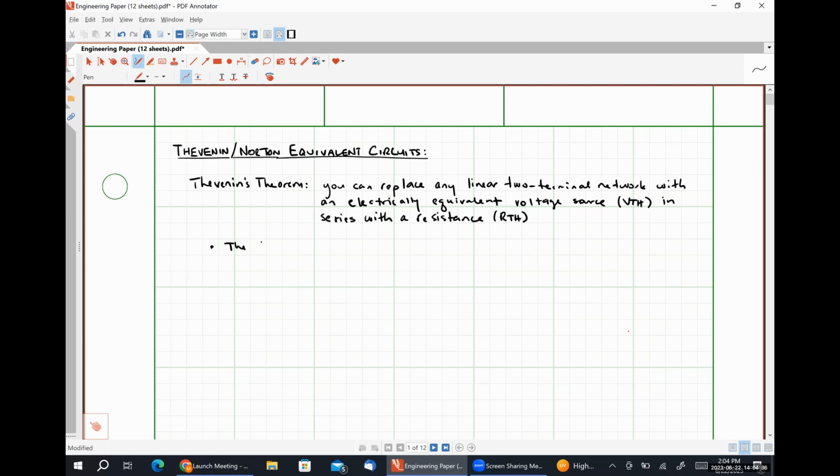So the Thevenin voltage VTH is the open circuit voltage seen at the terminals of interest.